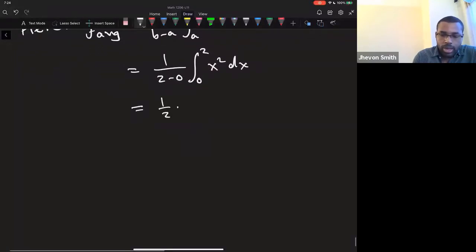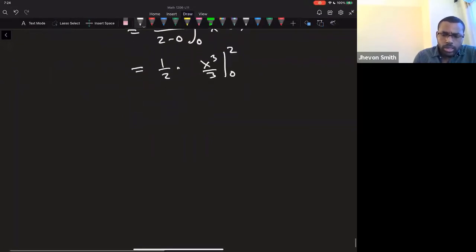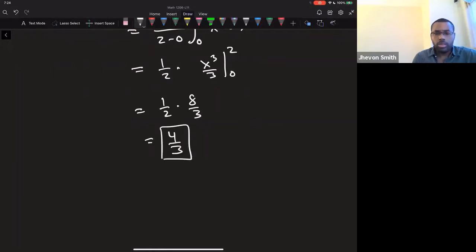It's going to be 1/2 times x cubed over 3, between 0 and 2. And that's going to be 1/2 times 8 over 3, or 4 over 3. So that's roughly 1.333. That's the average output on that function.